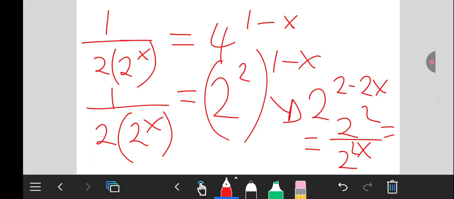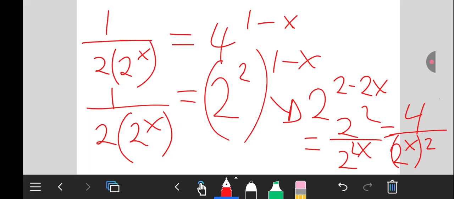So this is same as saying 2 to the power 2, that is 4, over 2 to the power 2x. So you can just rearrange this. You can say 2 to the power x, then raised to the power 2.